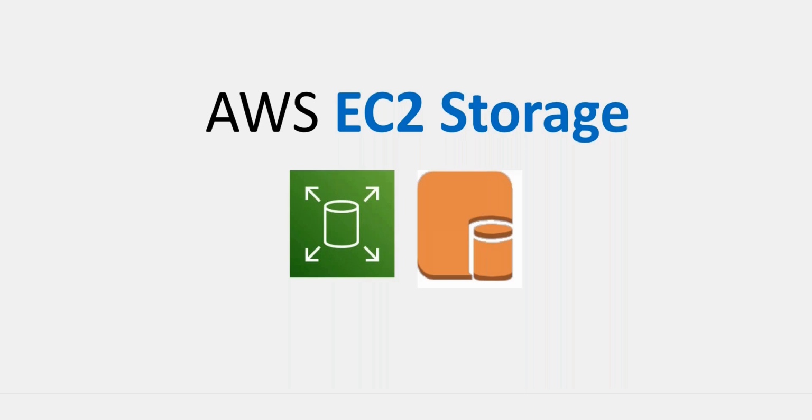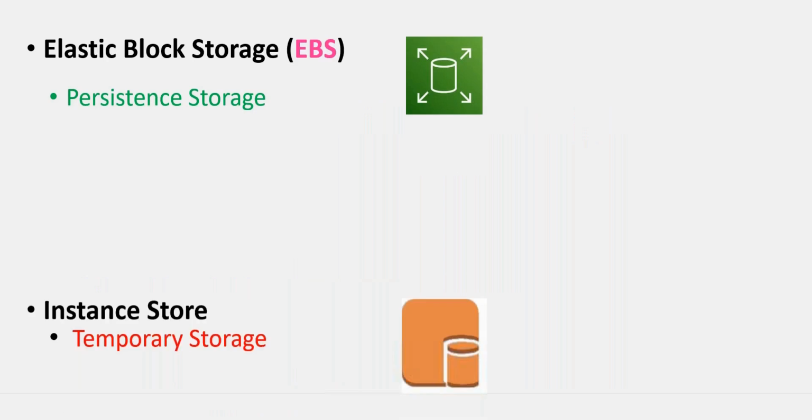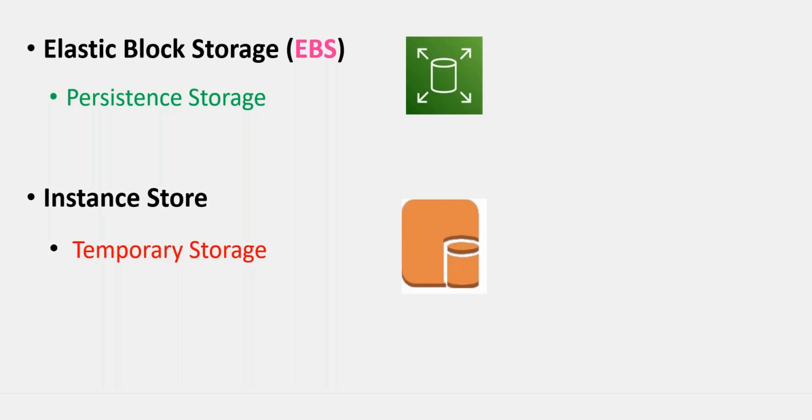There are a number of storage types on AWS, but I am talking about EC2 storage. Remember, there are multiple categories of storage, but I am talking about server storage, EC2 storage. So there are two kinds of server storage for EC2. One is called Elastic Block Storage, EBS, that is persistent storage, and second is the instance store, temporary storage.